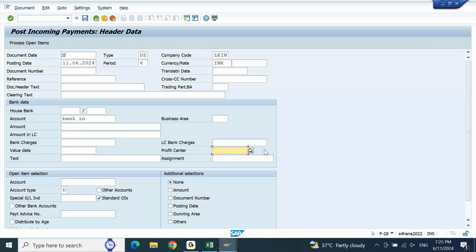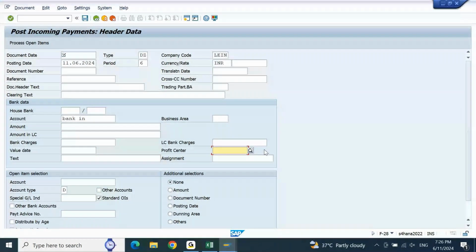But is it recommended to give the profit center here or not? Not recommended, because the system does an automated update. Most of the payments are with reference to invoice, though there are conditions.